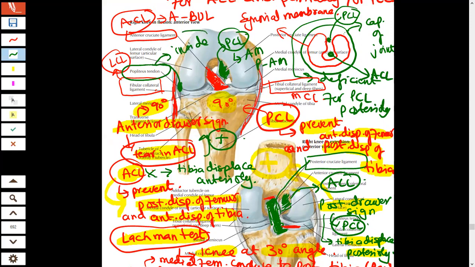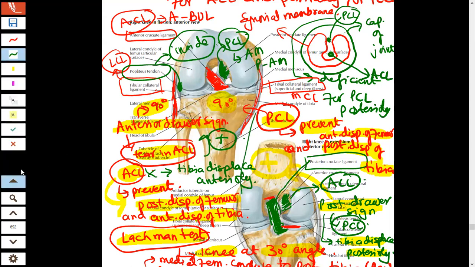Muscles or tendons must be outside the joint mostly, but there are some muscles which are present intracapsularly, and one of the muscles present in the knee joint is the popliteal muscle. That is your popliteal muscle. Clear to everyone?